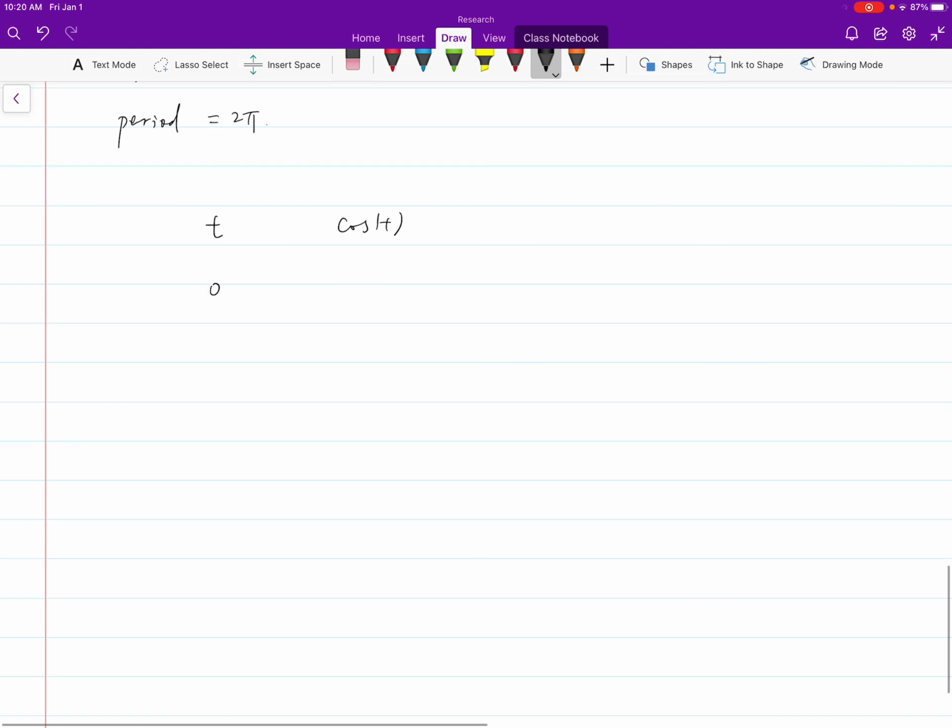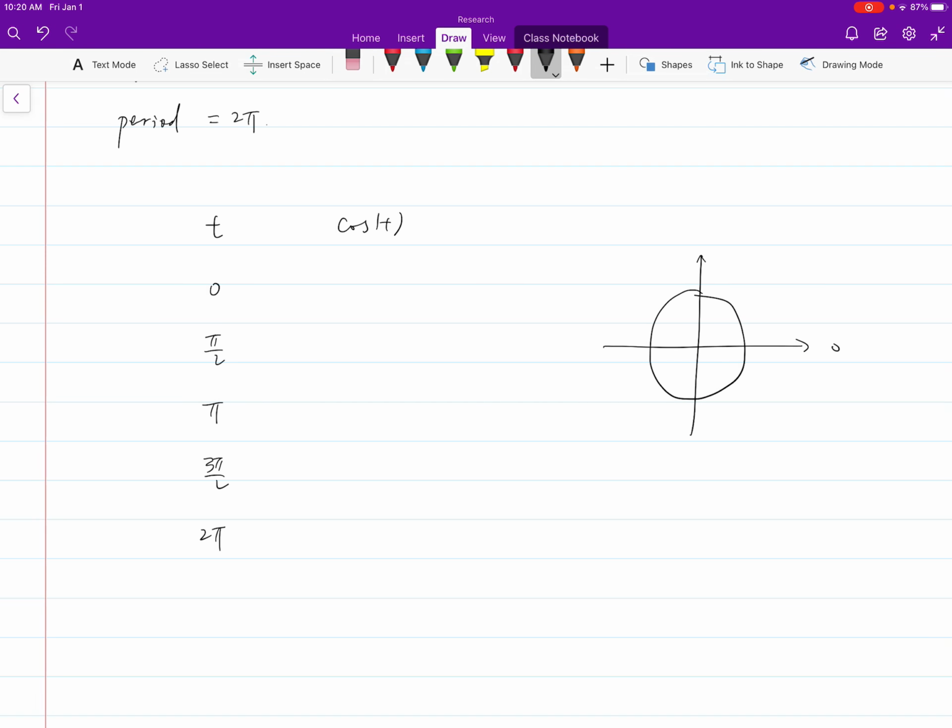Now, if we draw some special points, we do the same thing, but this time we have cosine. So 0, pi over 2, pi, 3 pi over 2, and 2 pi. Remember, we pick those points because they are so easy. They are nice numbers.